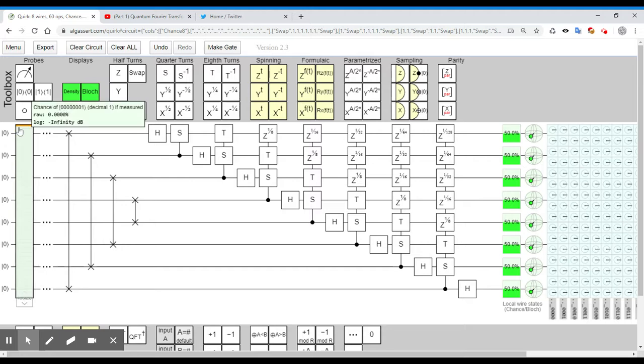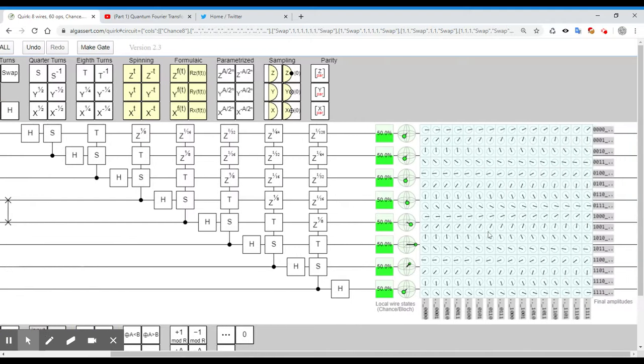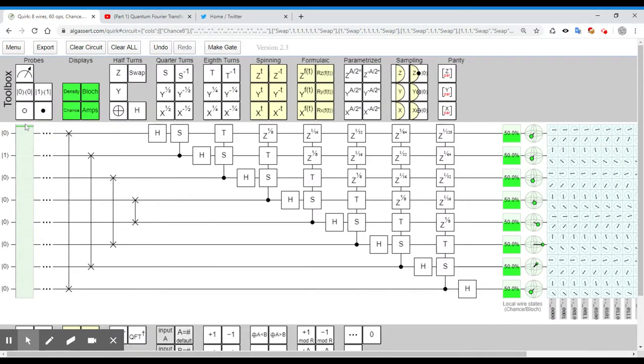So the input here is like, what's the frequency, right? It's like 1, or like 2, right? And then you run through the algorithm, and if you consider each of the possible states as your samples, starting from this one and ending with this one, you want, in this case, to encode a sort of wave in your relative phase, in such a way that it corresponds to that frequency.